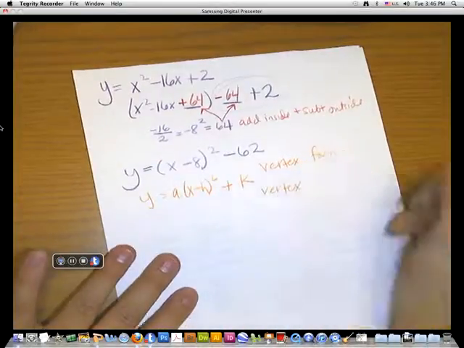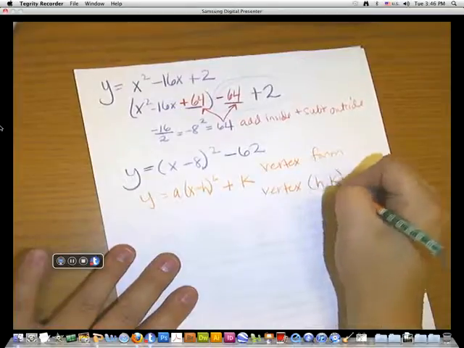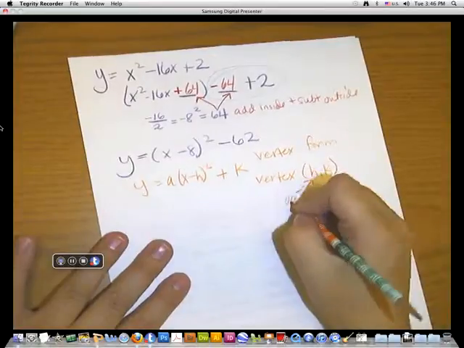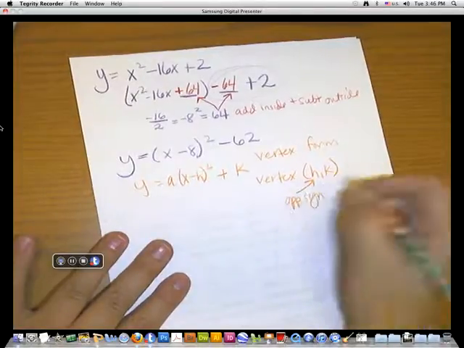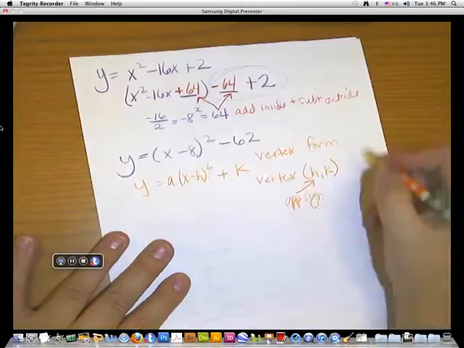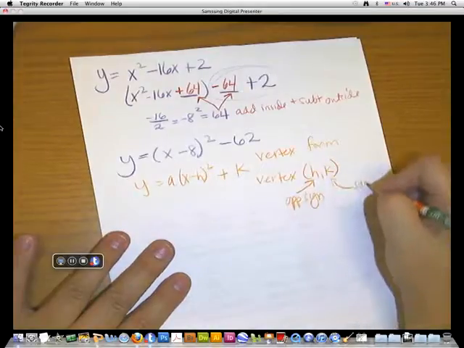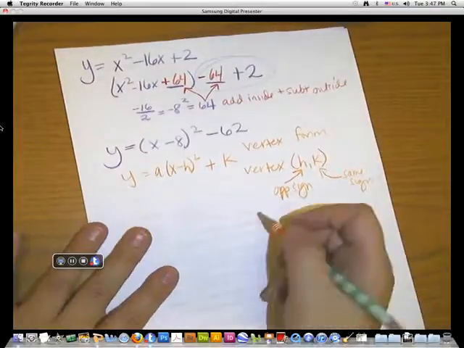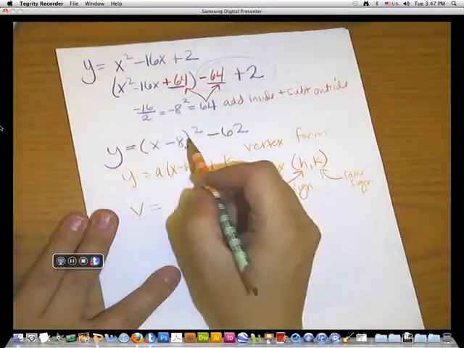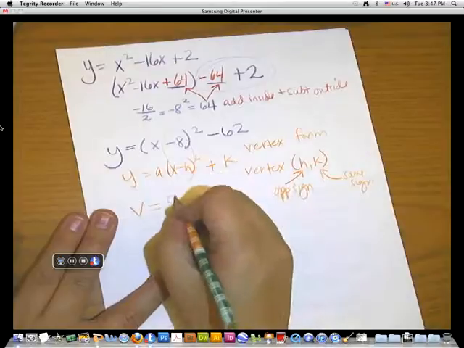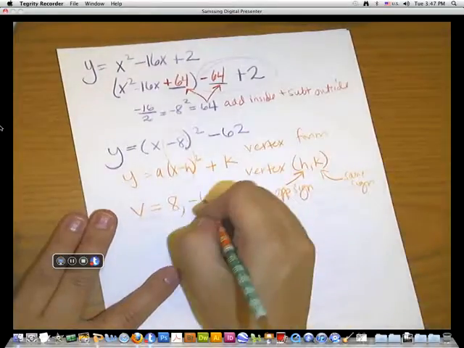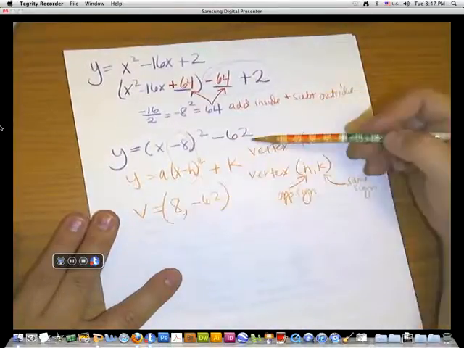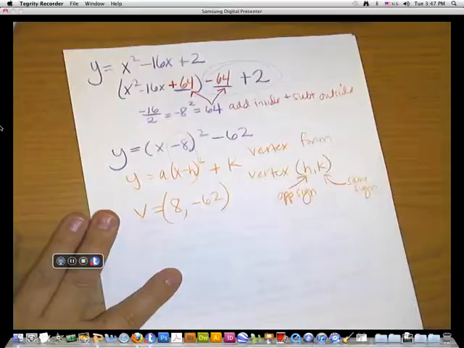The vertex is the h and k of the equation. H is always the opposite sign of my equation. K is the same sign. So if I ask what is the vertex, you would say it is 8, negative 62. Opposite sign, same sign.